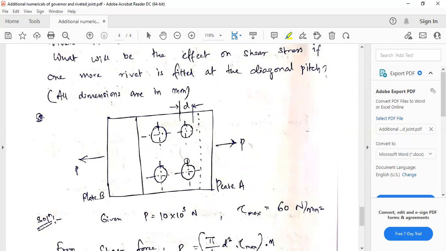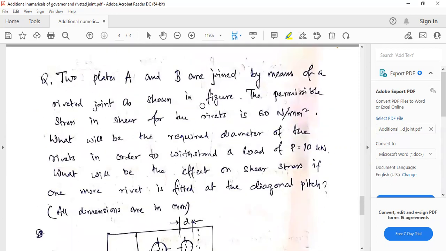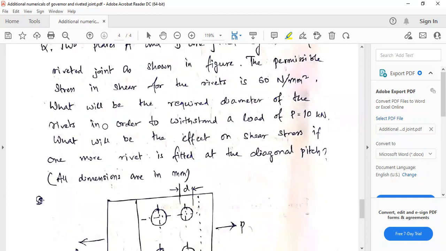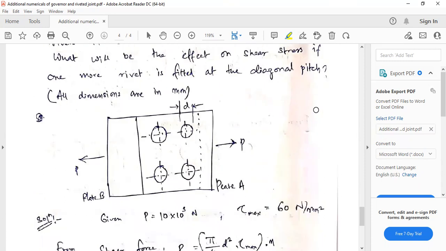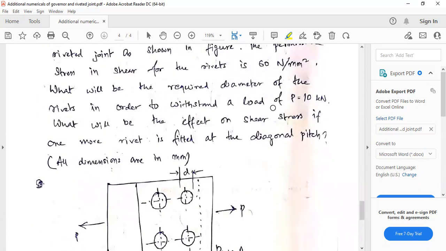So the diameter of the rivet is small d. Now the permissible stress in shear for the rivets is 60 Newton per millimeter square. So what will be the required diameter of the rivets in order to withstand a load of P equal to 10 kilonewton?